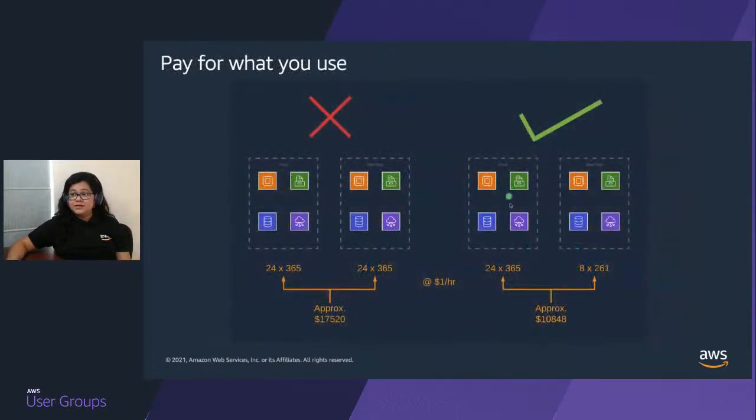So for example, let's look at an example. Shut down everything that you don't need, terminate resources that are not in use. For example, in production, you usually require everything 24 by 7, but in development environments, testing environments, people are not working on weekends or outside office hours.